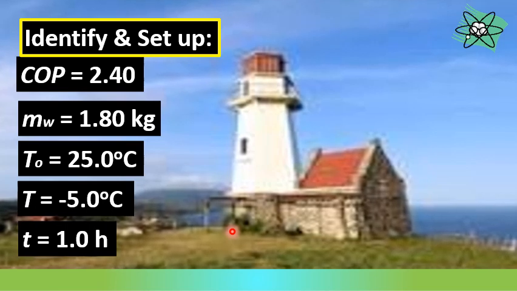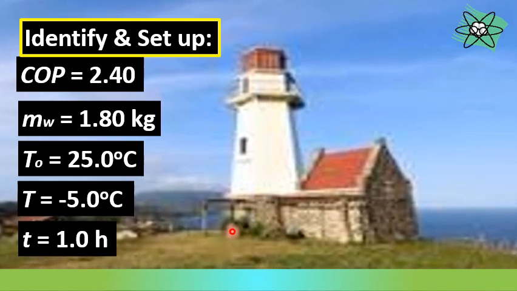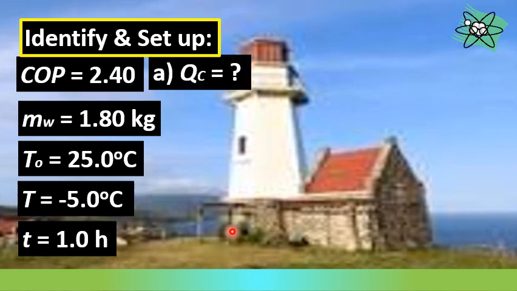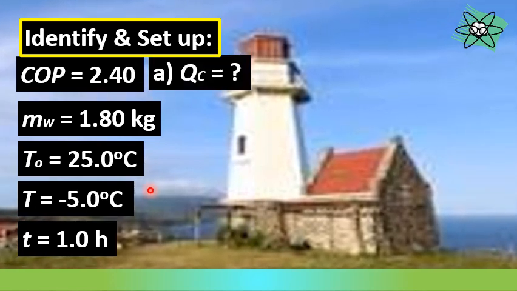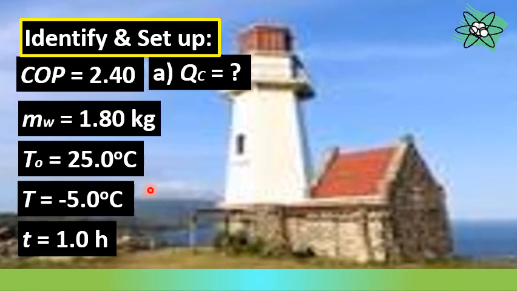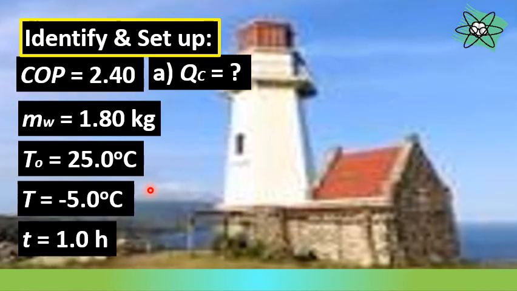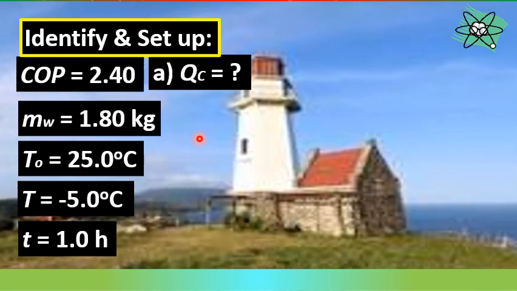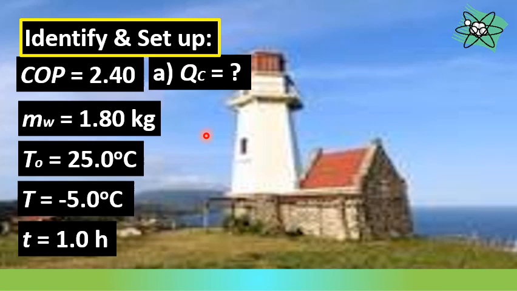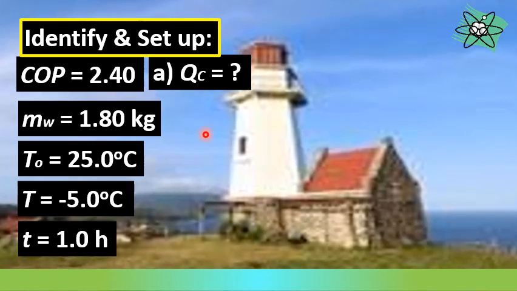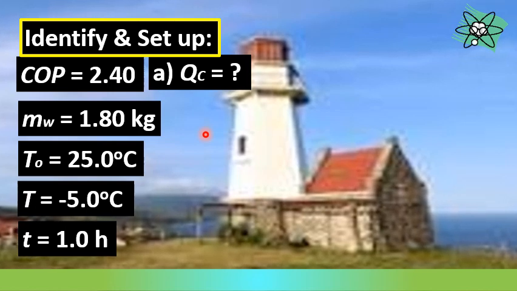So the first target variable for letter A is the heat taken in from the cold reservoir, denoted by capital Q sub C. This is also the amount of heat extracted from water in order to convert it into ice.